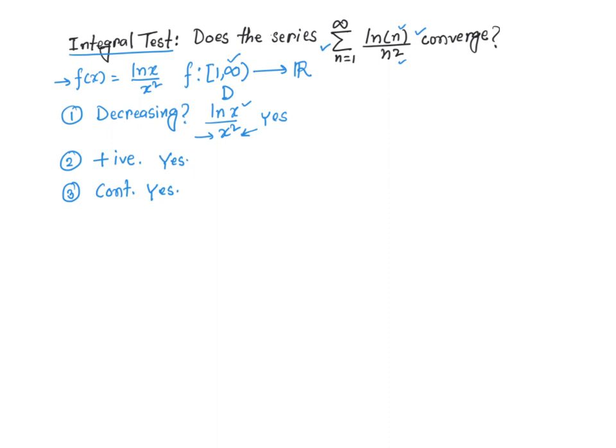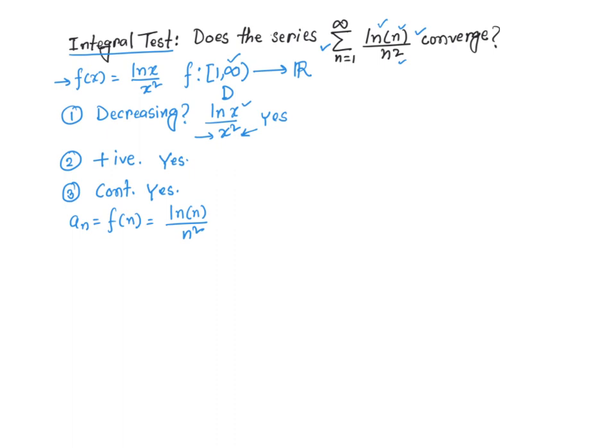Now we define a_n equal to f of n, which is nothing but ln of n over n square. Since all three conditions are satisfied, we can apply the integral test: if the integral converges from 1 to infinity, the series will converge. If the integral diverges, then the series will diverge.